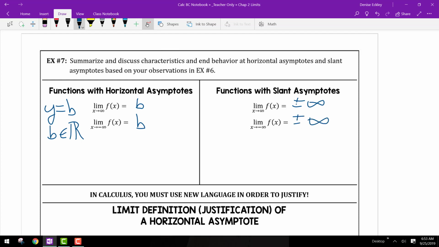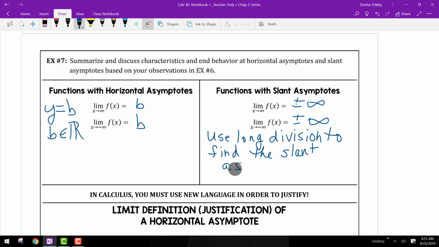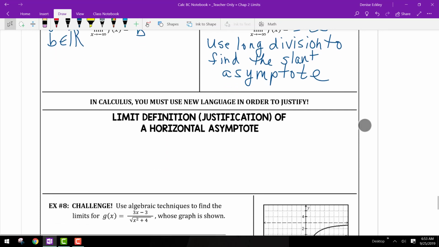And in case you didn't remember, you use long division to find the slant asymptote.